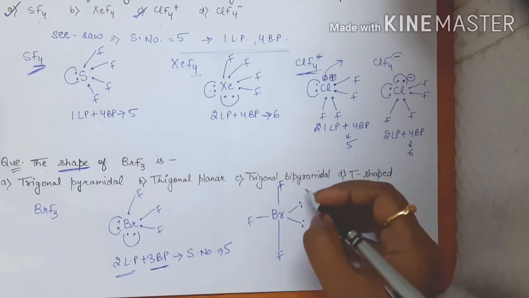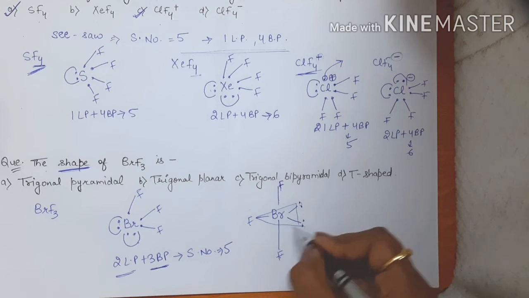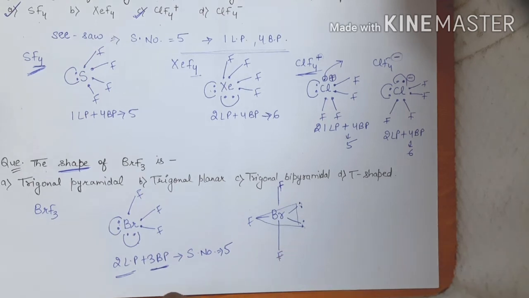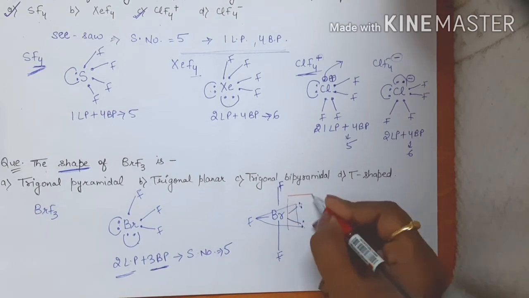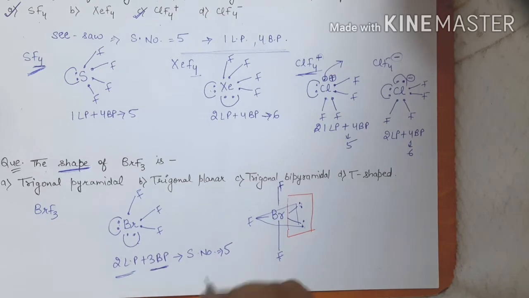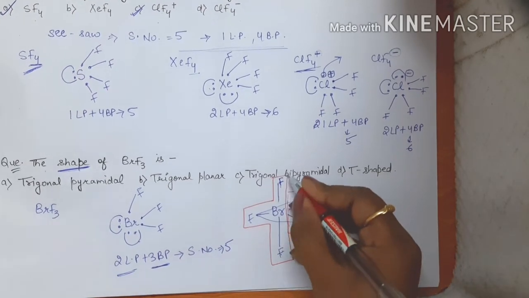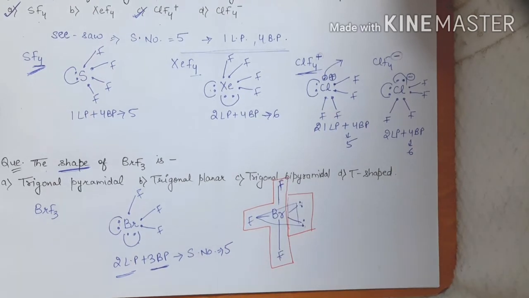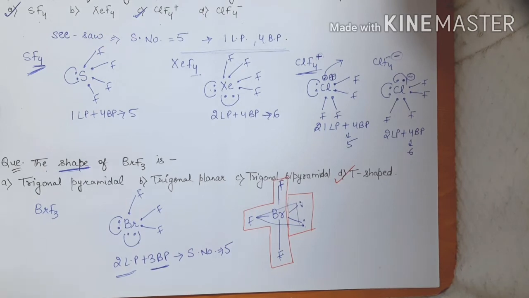So either way you are going to get this type of a geometry, trigonal bipyramidal type of a geometry, but we have to find out the shape of this molecule. In order to find out the shape of molecule, you just have to ignore these 2 lone pairs, and then find out what type of shape you are getting. This is T shaped, so the correct option is option D, that is T shaped, right? So now we'll move on to the next question.